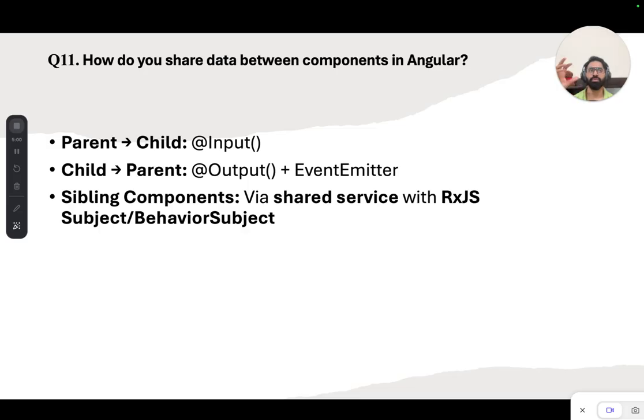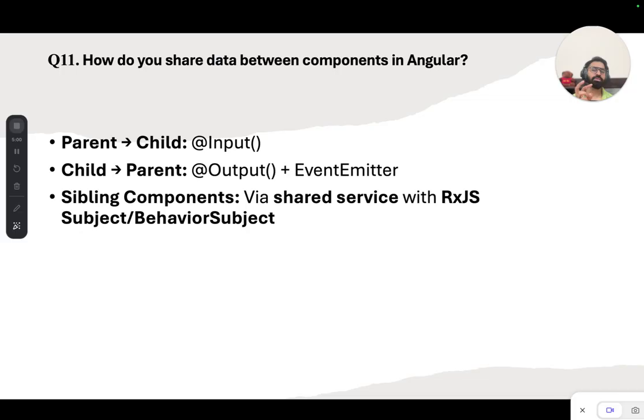If you want to transfer data from parent to child component, we use the @Input decorator. If you want to transfer from child to parent, we use the @Output decorator along with EventEmitter. The EventEmitter class will emit the value, and the @Output decorator will receive it, and in this manner you are able to transfer data from child to parent.